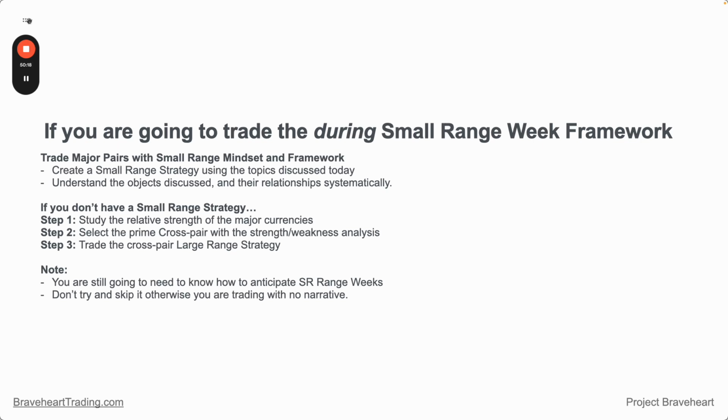step one, study the relative strength of the major currencies. Okay, and this is assuming that the dollar index is in a consolidation, so that the cross pairs move, right? So step one is you want to study the relative strength of the major currencies. Then you want to select the prime cross pair with the strength and weakness analysis.